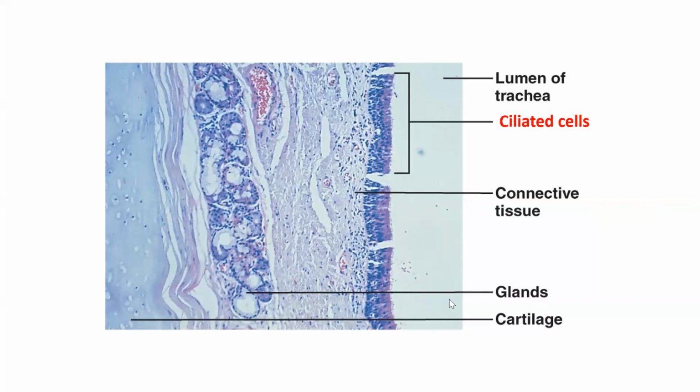And so this brings up a really interesting clinical correlation here. These cilia that are located in the lumen here are actually paralyzed by tobacco smoke. And this is where we get that chronic smoker's cough from. The paralysis of the cilia found at this region is what creates this congestion, right?